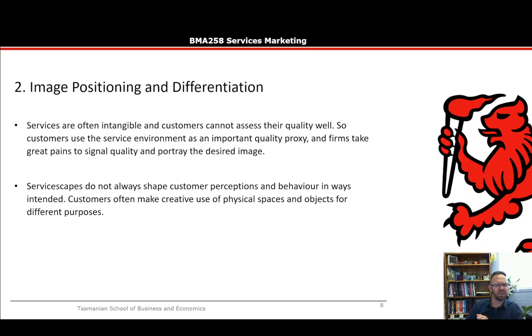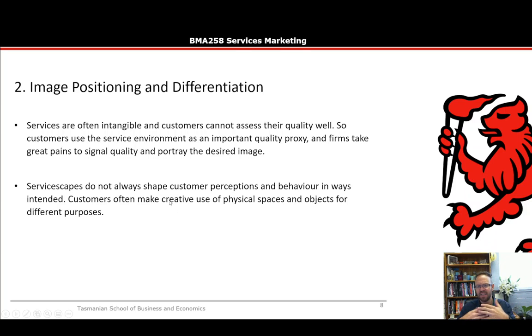So servicescapes do not always shape customer perceptions and behaviours in ways that are intended. Sometimes customers can make creative use of the physical spaces and objects for different purposes. So when we're going to be doing a servicescape activity in one of our workshops coming up, what I want you to think about, or what's important in analysing service businesses, is how their servicescape relates back to their positioning.